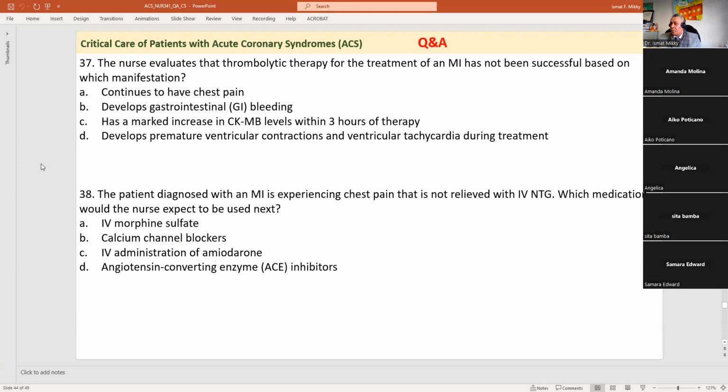The patient diagnosed with an MI is experiencing chest pain that is not relieved with IV nitroglycerin. Which medication would the nurse expect to be used next? CCB? So the chest pain is not relieved with the IV nitroglycerin.